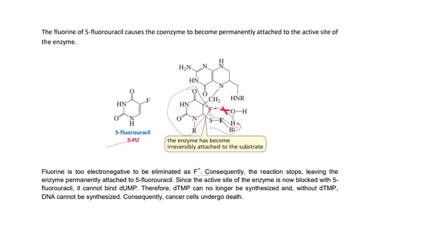If this fluorine is not there, it cannot act as an anti-cancer agent. Since the active site of the enzyme is now blocked with 5-fluorouracil, it cannot bind dUMP, and therefore dTMP can no longer be synthesized, and without dTMP, DNA cannot be synthesized. Consequently, cancer cells undergo death.